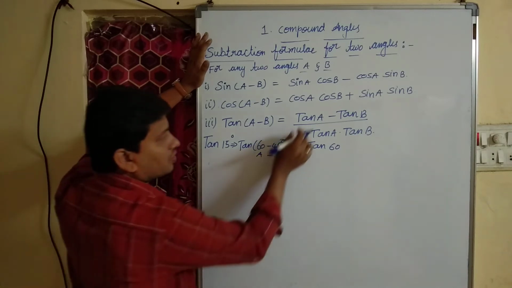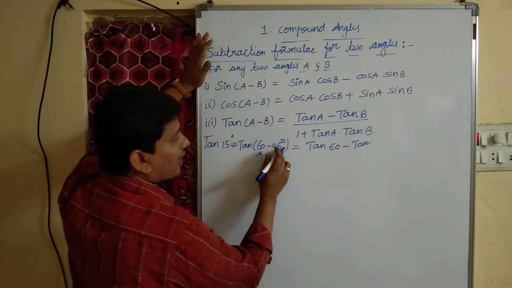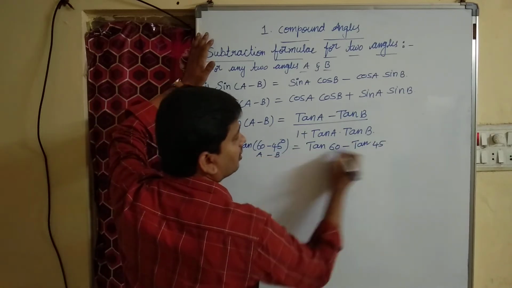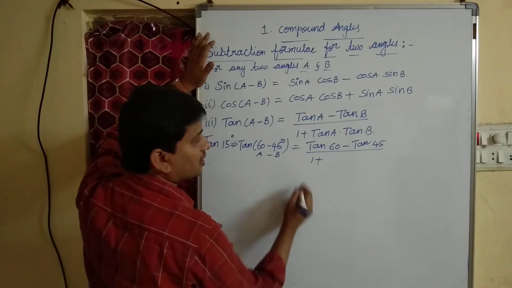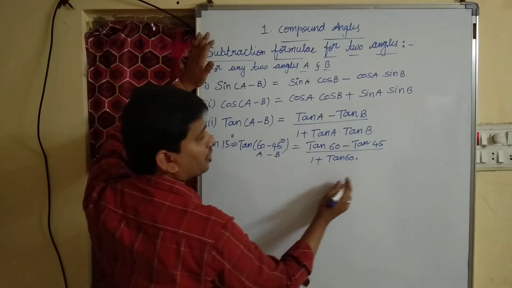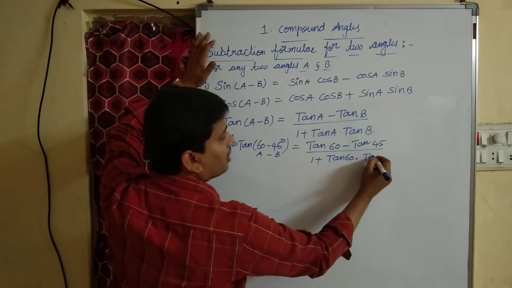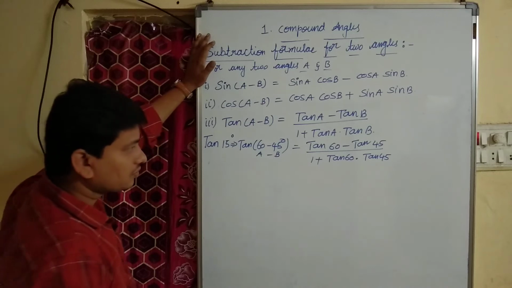So tan 60 minus tan 45, divided by 1 plus tan 60 into tan 45.